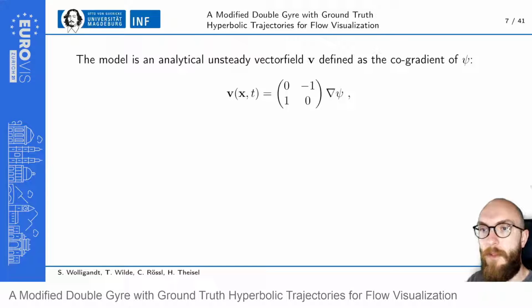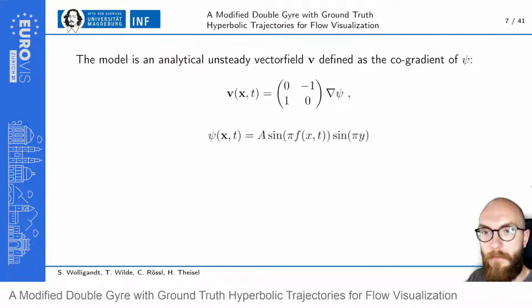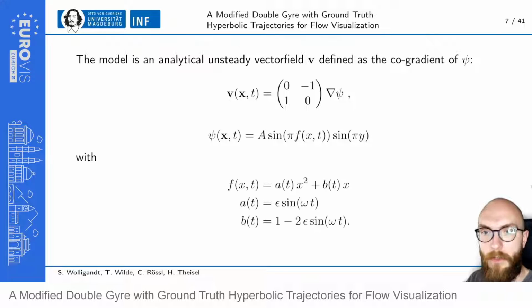The model is an analytical unsteady vector field V defined as the cogradient of psi. Psi is defined in the following way, and it comes with 3 more equations. The double gyre has 3 user parameters, A, epsilon, and omega. And yes, this equation is relatively simple.